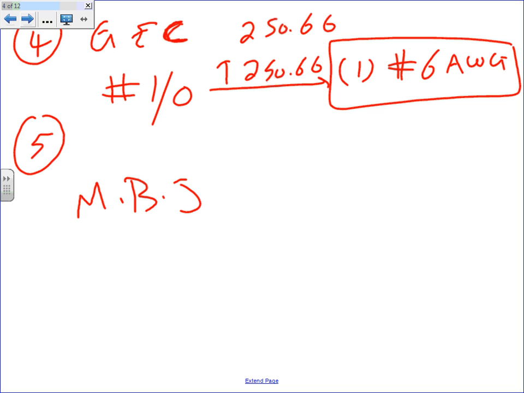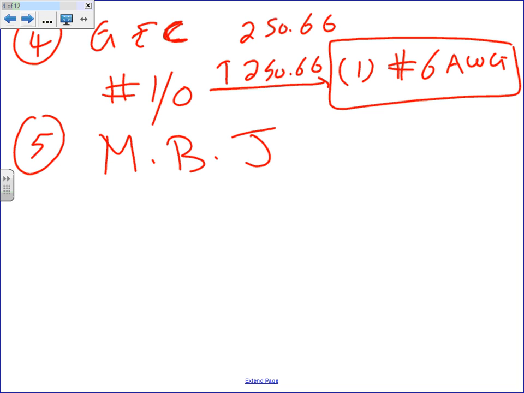The last thing is the main bonding jumper. That's when you bond a neutral to the ground. You go to 250.28, and it refers you to 250.66.